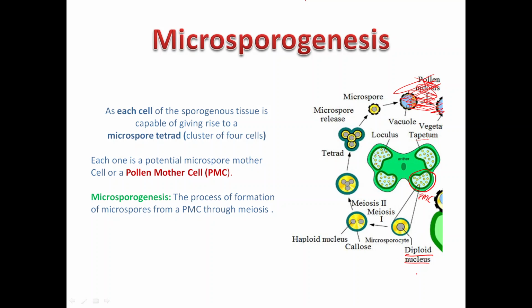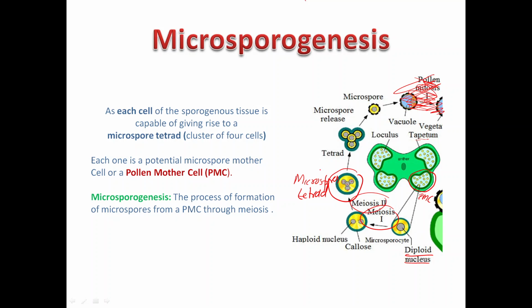Diploid means the basic set of chromosomes is in double. Then it undergoes meiosis, which has 2 stages, meiosis 1 and meiosis 2. By the end of meiosis, you get 4 cells, 4 microspores. In a cluster, they are called a microspore tetrad.